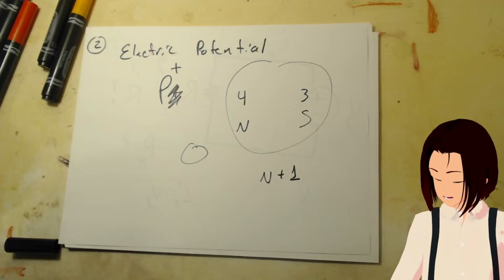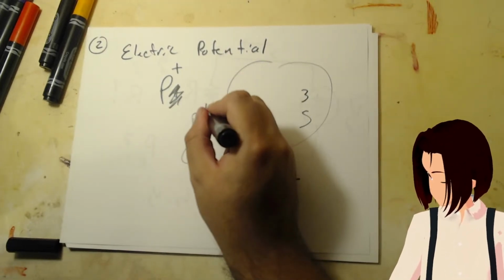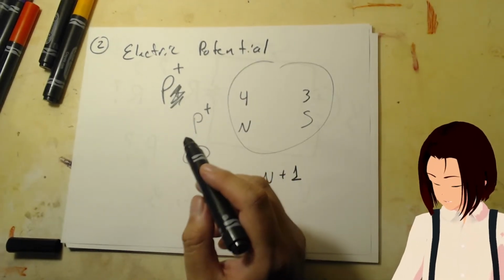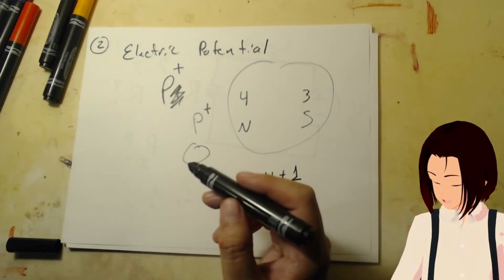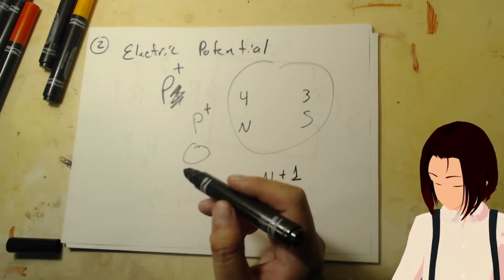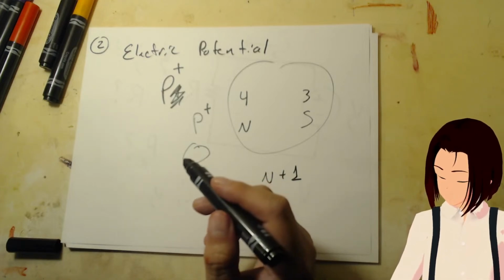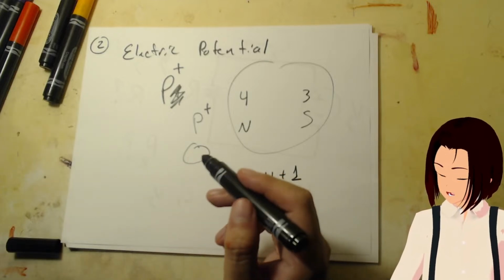A charged atom is called an ion. So if it has a plus right there, it's an ion. In the 18th century, we knew that if we rub glass with a silk cloth, we would get a charge one way.